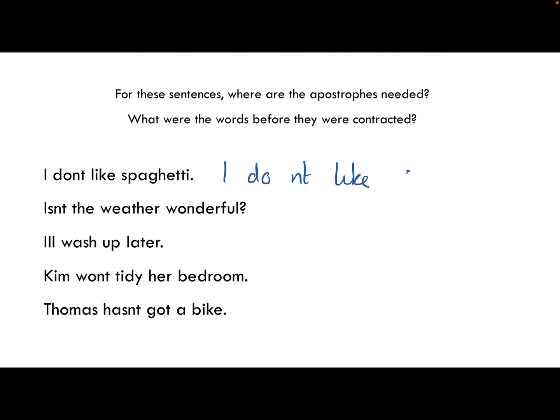I do not like spaghetti. It's one of those really unusual words to spell. I do not. Yeah? And our apostrophe goes in here. Isn't. Our apostrophe goes in here, and that becomes is not.